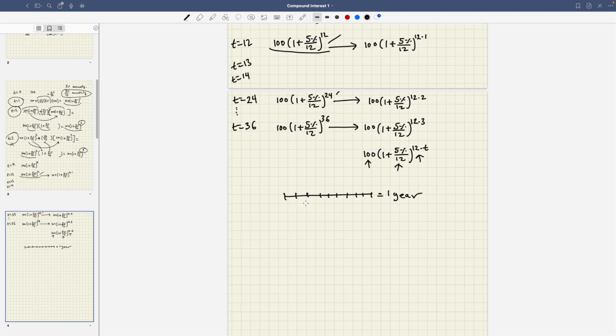Likewise, you can break it down into 365 segments of equal length, and each segment represents a day, because there are 365 days in a year. Although, a bank will use 360 segments in 1 year.